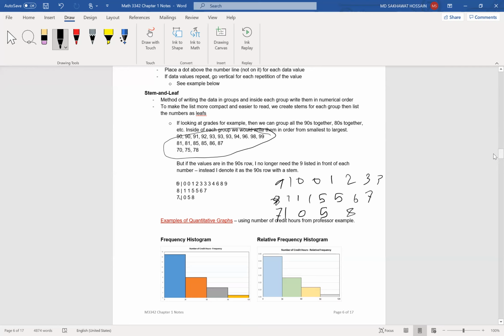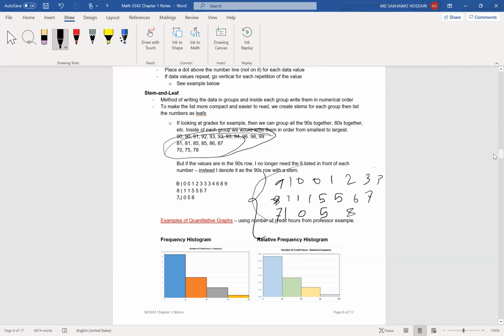Even if you do not have the data set, based on the stem and leaf plot, you can have an idea of the data: what the data are and what the distribution of the data is.